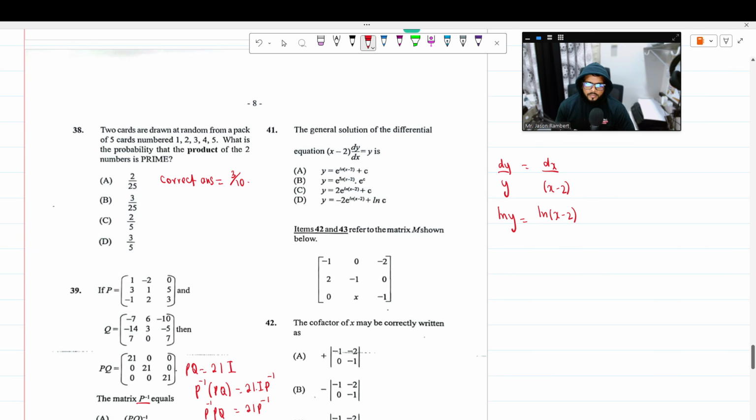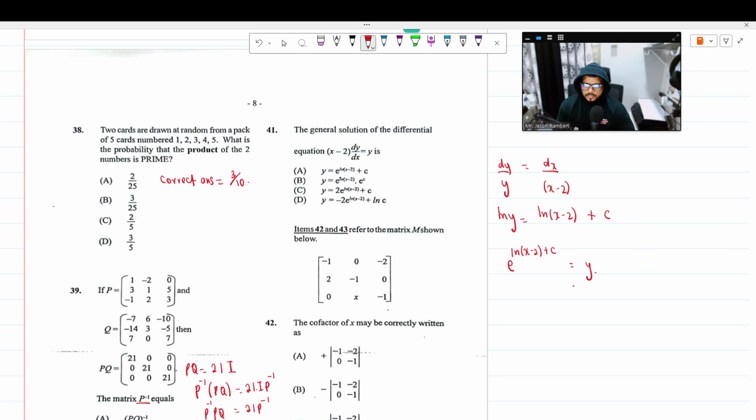Let me see what we have in our solution. We want to get y. So if I put plus c over here and I exponentiate both sides, I'm going to get e to the power ln of x minus 2 plus c is equal to y.